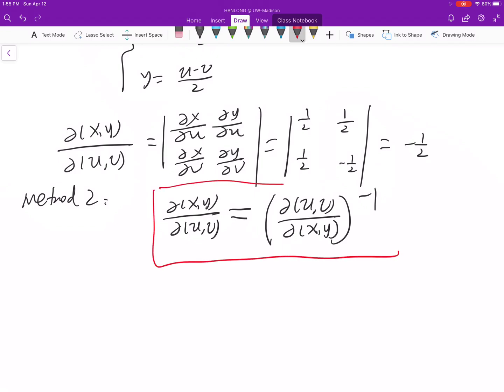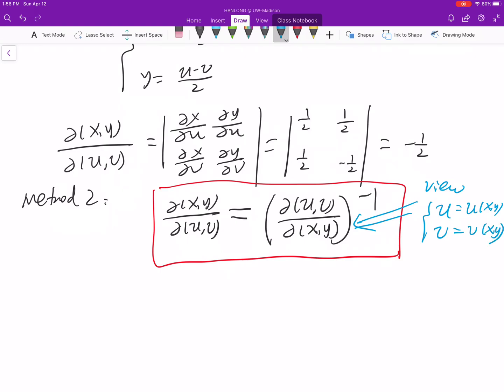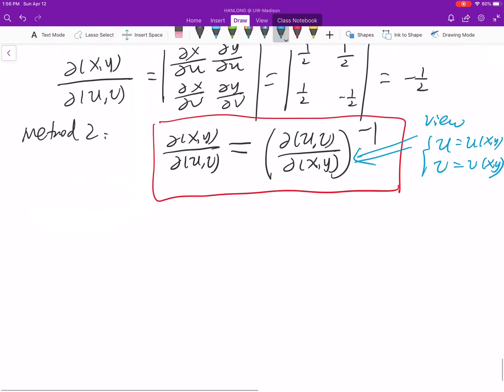On the right hand side, you view u, v as functions of x and y. Because points are corresponding to each other one by one, you can solve this reversely, and then you have this formula.